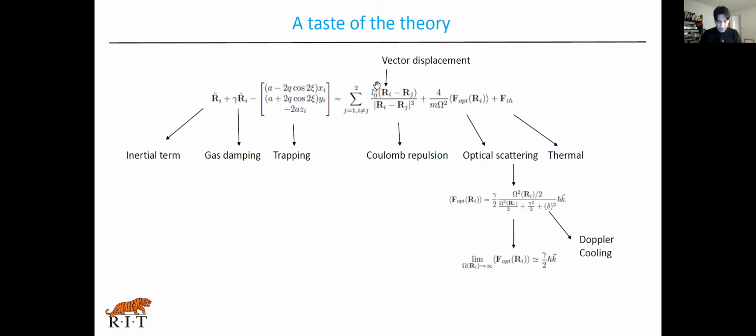This is the Coulomb repulsion force. This is the optical scattering force, which has in its detuning term some velocity dependence, which gives us Doppler cooling, and at high intensities saturates to some number, which is the same for both ions. And then you have a fluctuating thermal force, which is responsible for representing the finite, non-zero temperature of the system.